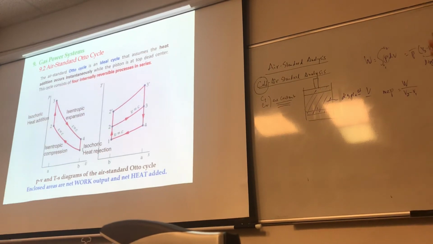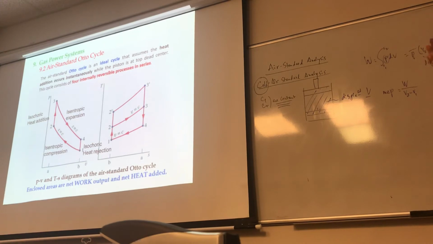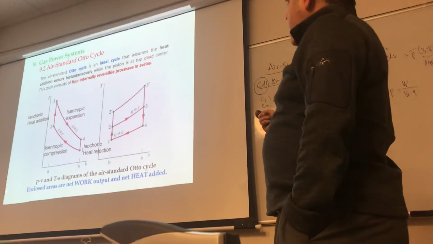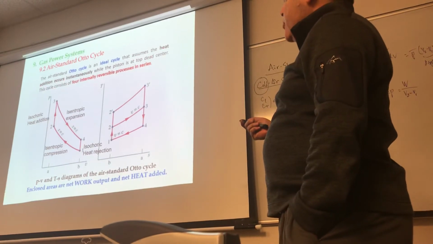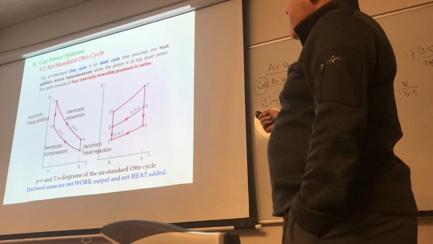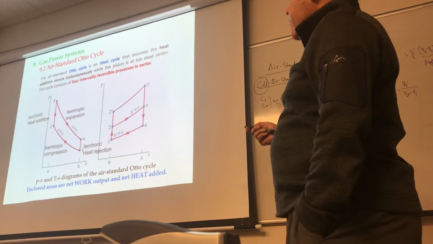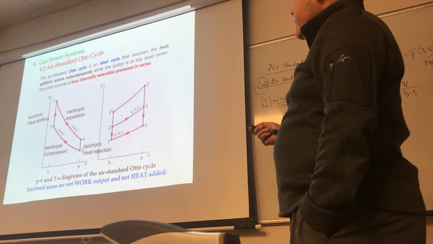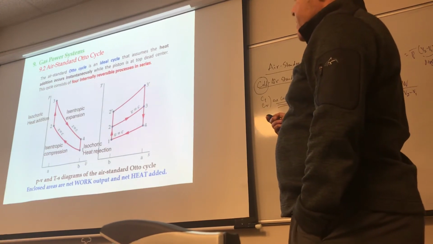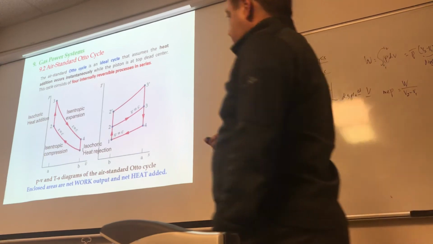Remember, everything is assumed to be reversible and nice and everything. That assumes the heat addition occurs instantaneously while the piston is at the top dead center, and the cycle consists of 4 internally reversible processes in series.